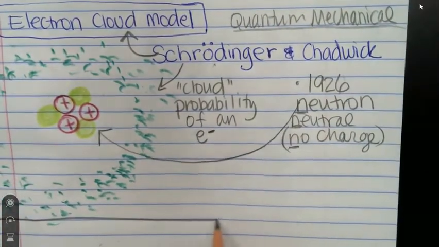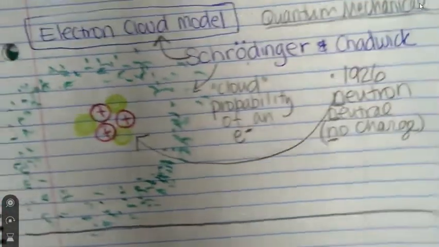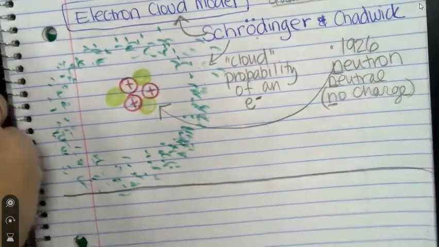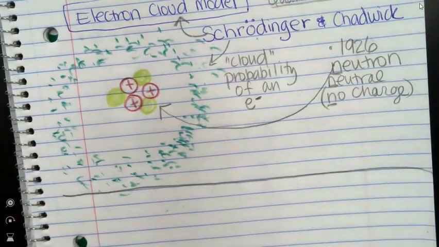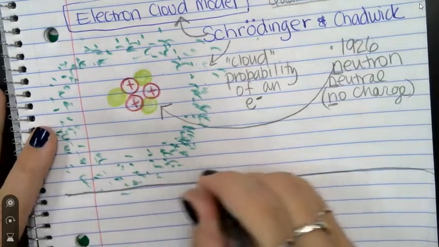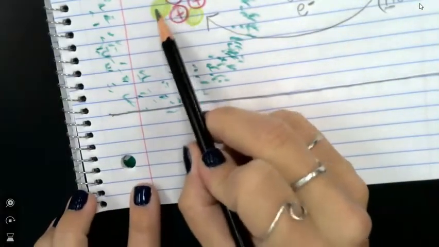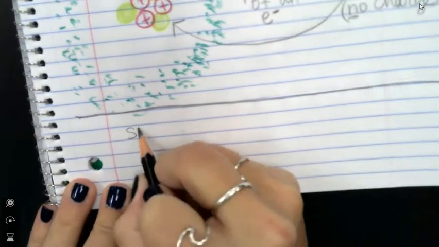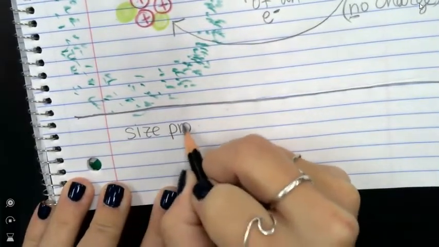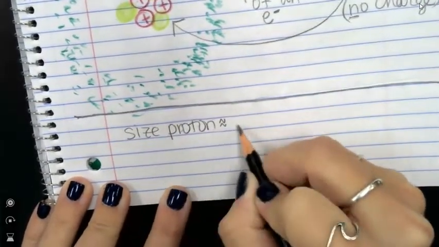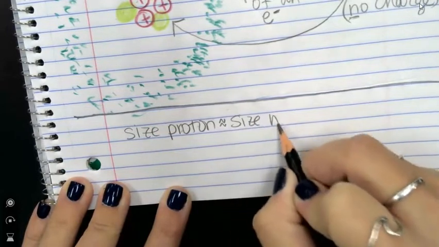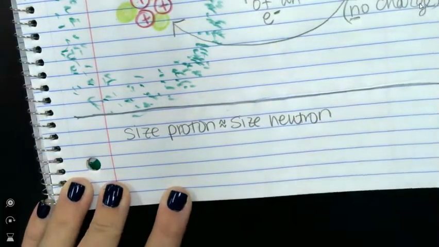And two more things that aren't really like the models themselves. Protons and neutrons are about the same size. These two things are about the same size as each other. So the size of a proton is approximately equal to the size of a neutron.